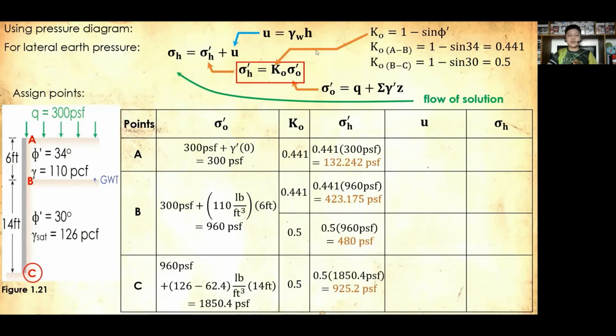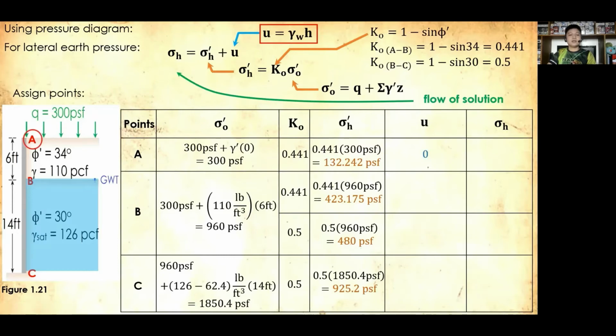And in addition, we are done now for sigma H prime. Let us proceed to U, the pore water pressure. So for U now, identifying the location of our shallow groundwater table, at point A, there is no presence of hydrostatic force, therefore the value is 0.